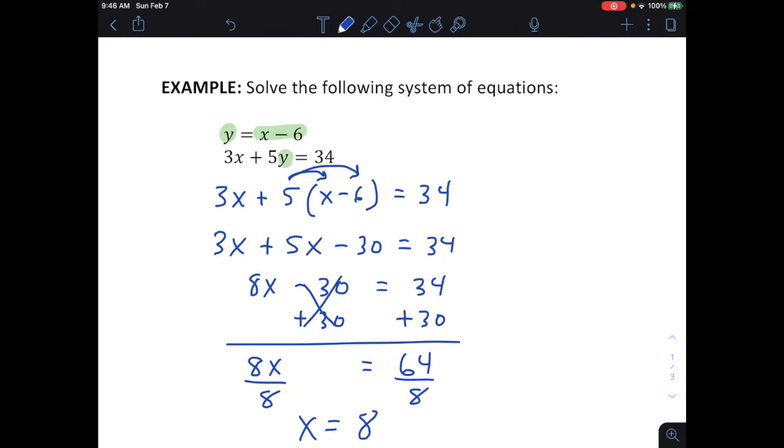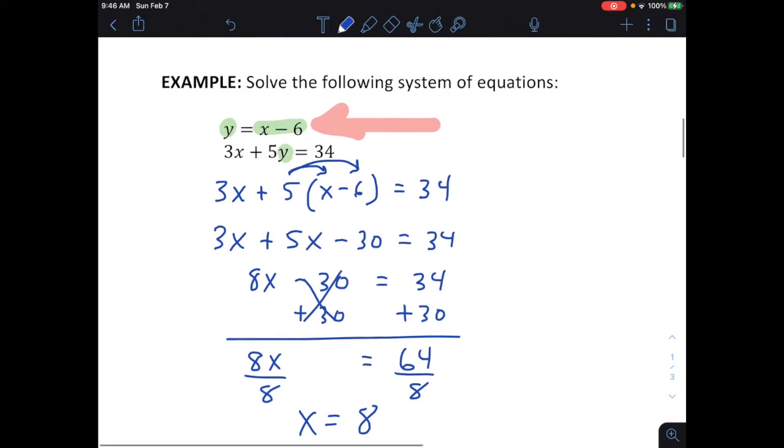All right, and we're not done yet. We have to find y. And in this case, there is a better equation to use for finding y. And it's that one right there. If you try to substitute into the bottom one, you're going to find the answer, but you're going to do a lot more work to do it. So what I would suggest you do is always look for one that's y equals or x equals, and it's going to make your life a lot easier.